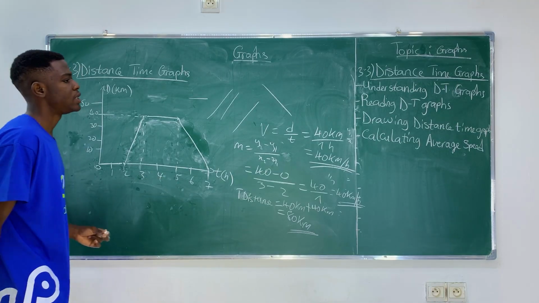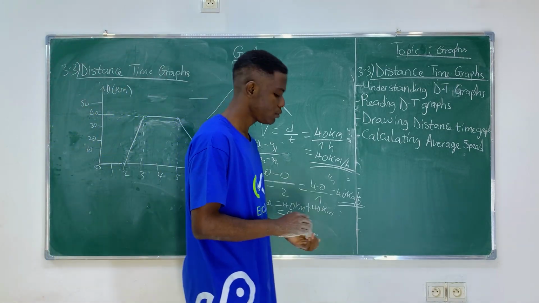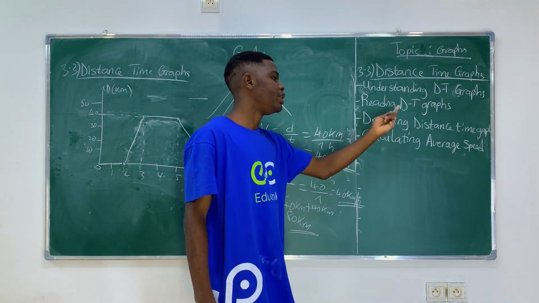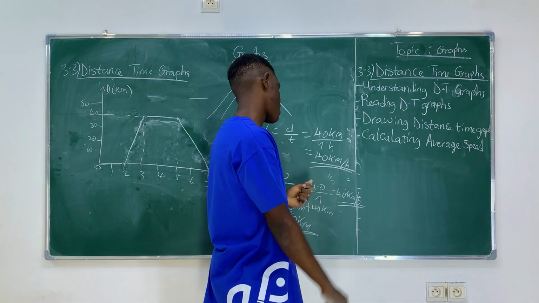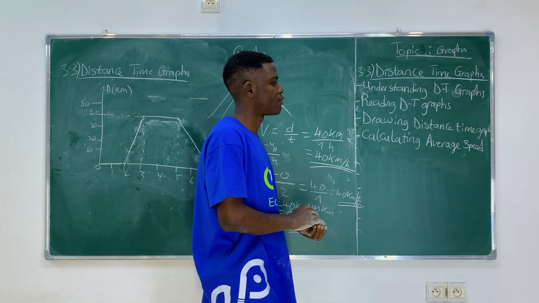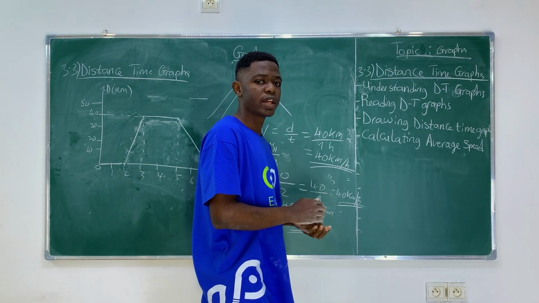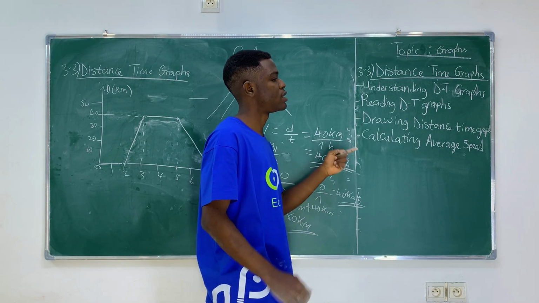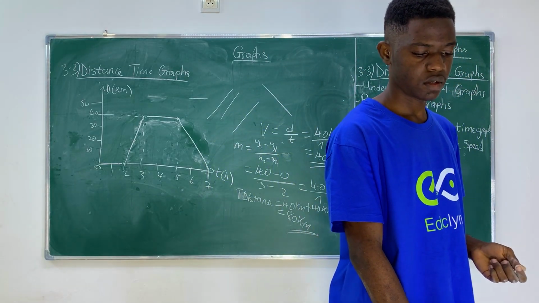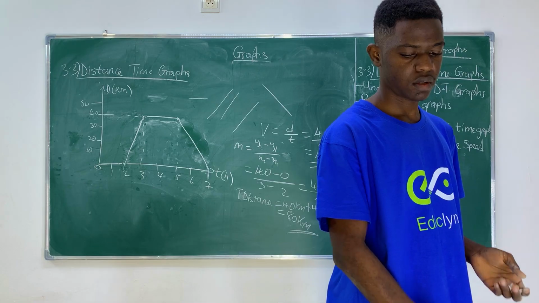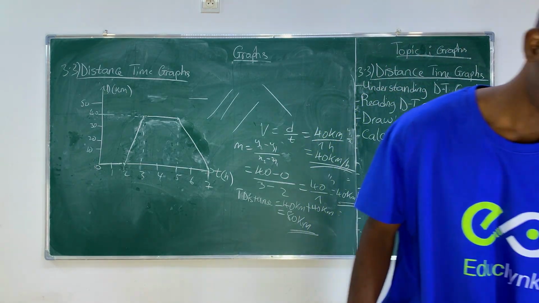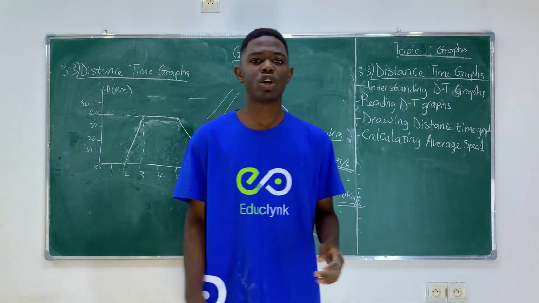So the total distance is going to be 80 kilometers. So now we have learned how to read distance time graphs. The next step is learning how to draw distance time graphs.